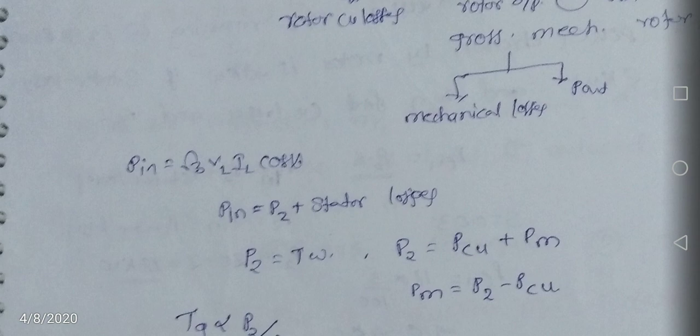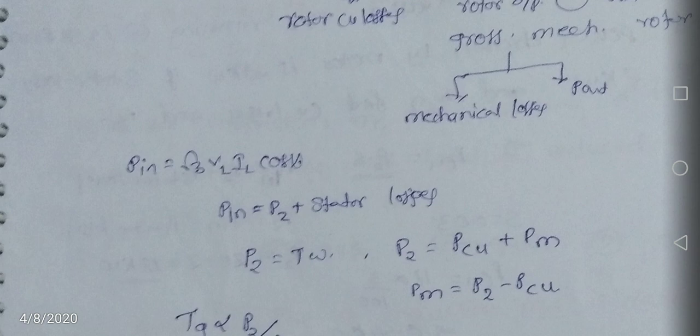P2 equals T omega. It is the power equation: power P equals torque into angular velocity.